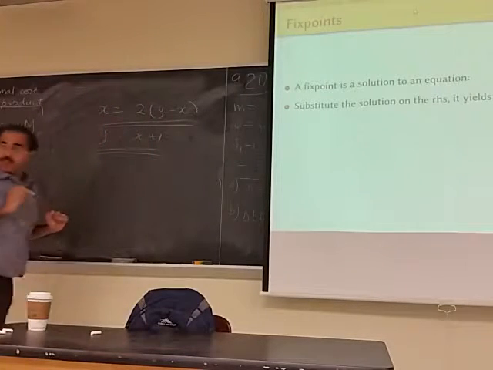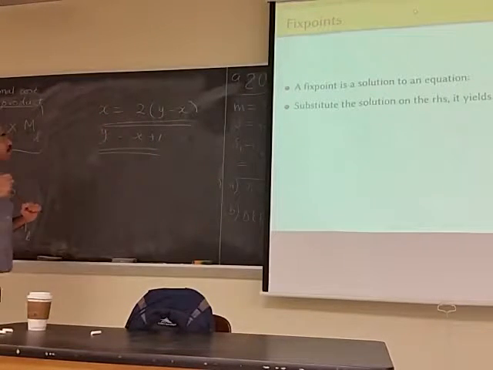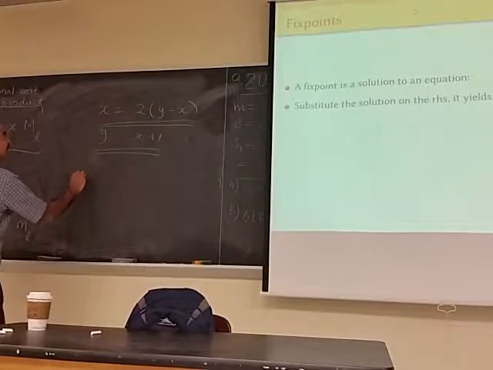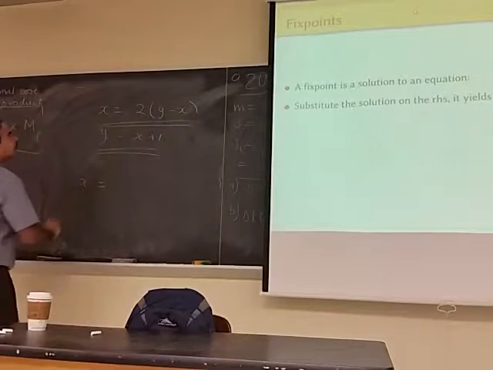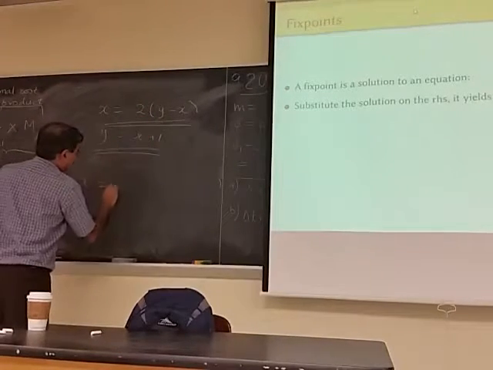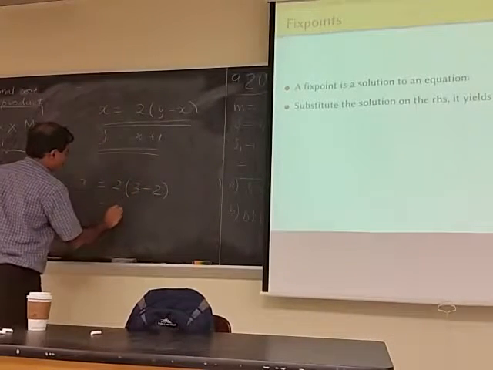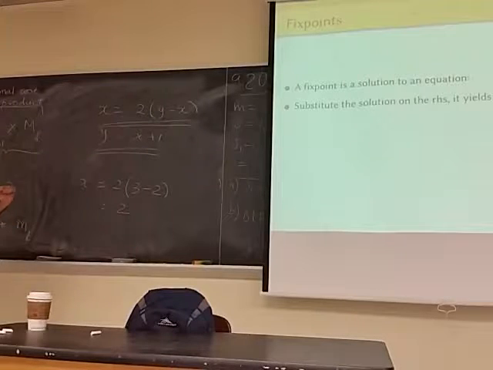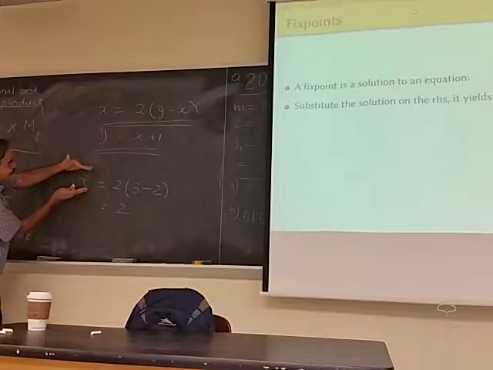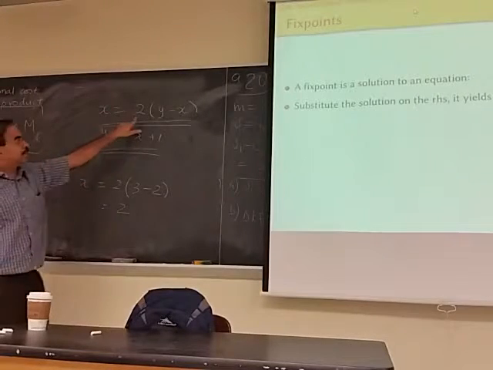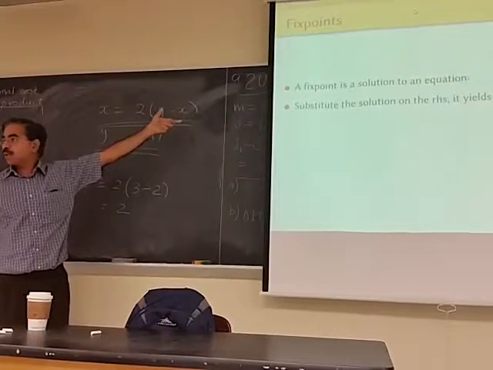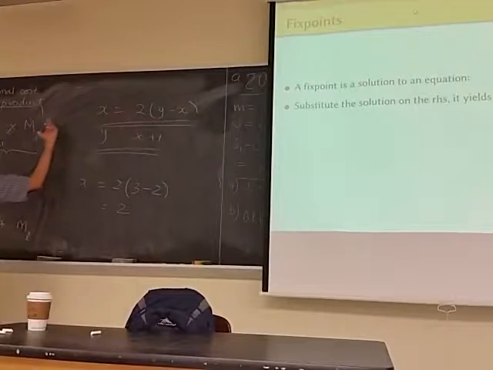Let's take that equation, that has both x and y on the right hand side. So we substitute x and y on the right hand side. So I get 3 times 3 minus 2. That's equal to 2, right? So what I'm trying to illustrate is that if I try to compute a new value for x by substituting existing values that I have computed for x and y, then I get the same thing back.